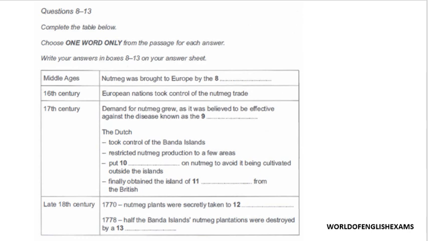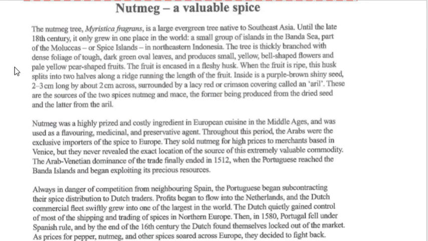So the first one says Middle Ages: nutmeg was brought to Europe by the dash. So who introduced the nutmeg to Europe? We already know the answer for this, but let's look at the passage. Here it says, nutmeg was a highly prized and costly ingredient in European cuisine in the Middle Ages and was used as a flavoring and medicinal preservative agent.